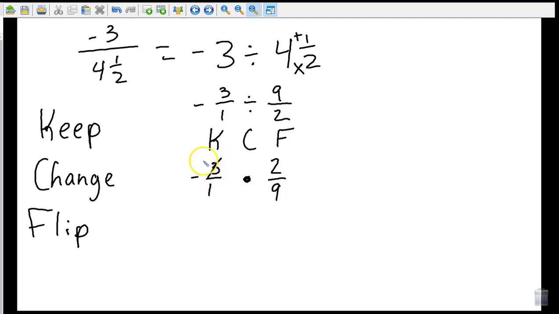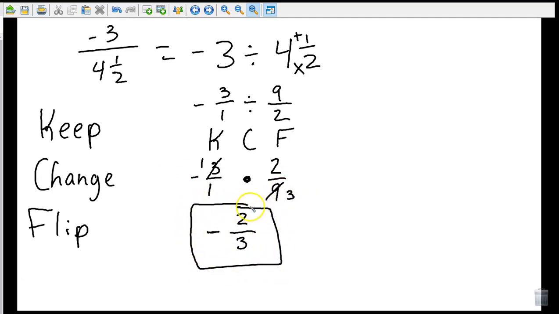So 3 divided by 3 is 1. 9 divided by 3 is 3. Now I multiply regularly. 1 times 2 is 2. 1 times 3 is 3. Different signs equals negative answer. My final answer is -2/3.